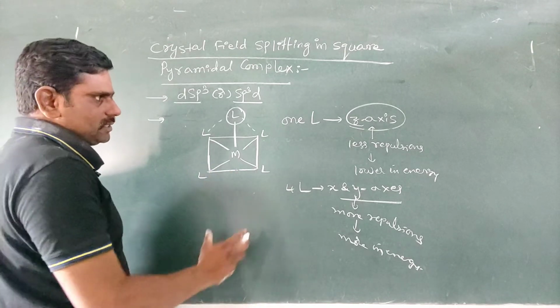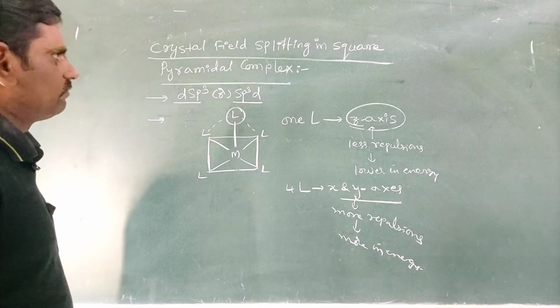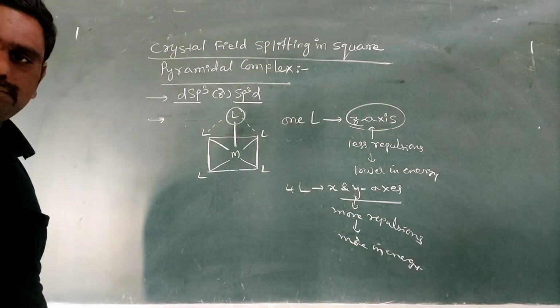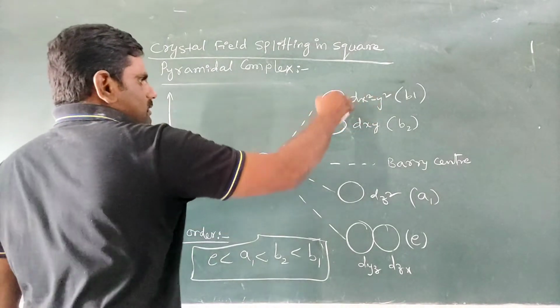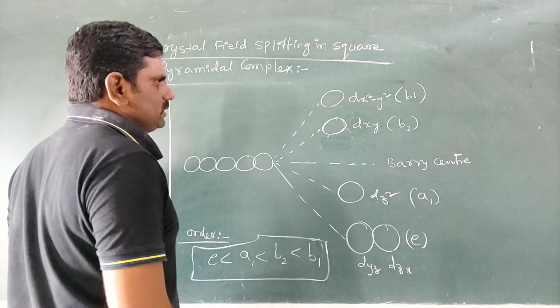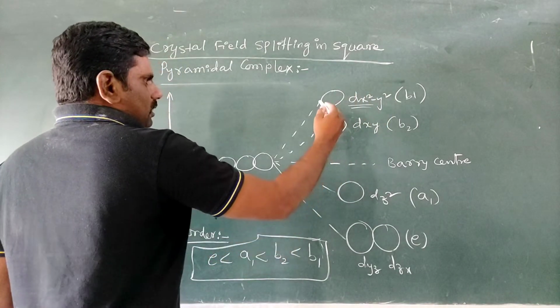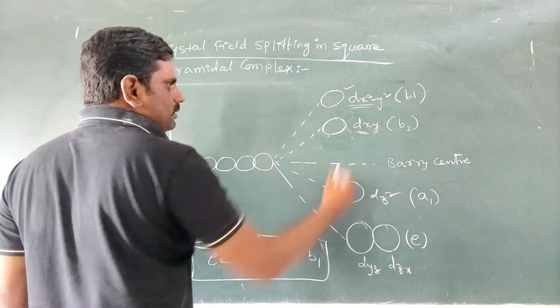Now we observe the crystal field splitting diagram for this complex. In this splitting, X and Y component orbitals are getting higher energy. In this, the orbitals which are present along the axis are comparatively more in energy than those which are present in between the axes.